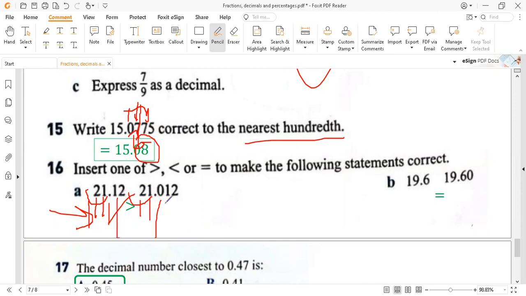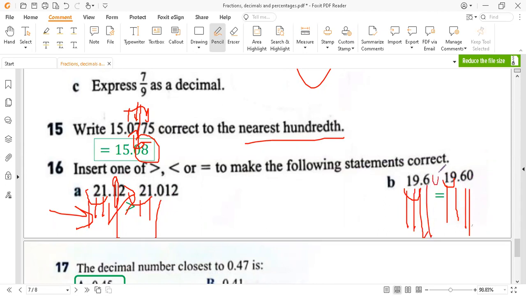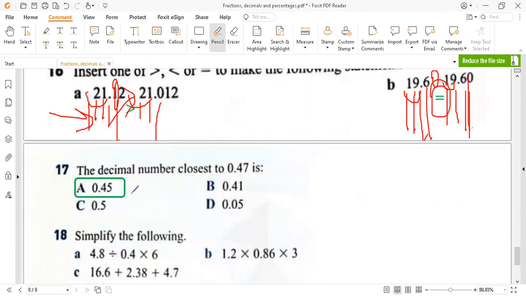We have a 1 and a 0, so this one is greater. Then here we have two numbers, and we can start our comparison: 1, 1, 9, 9, decimal point, and 6, 6. Also, we don't have anything more, so we have 0, 0, so all these numbers are equal, and so on.